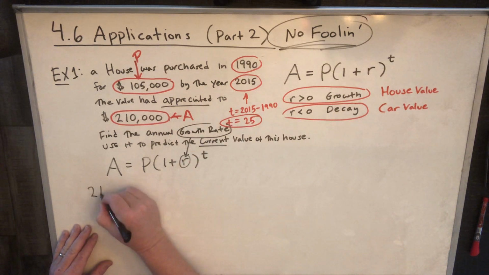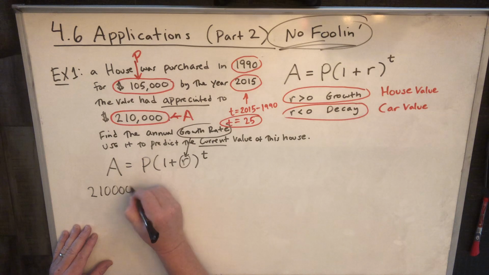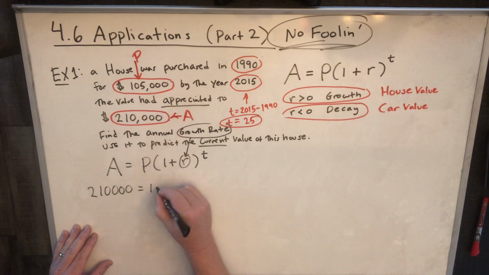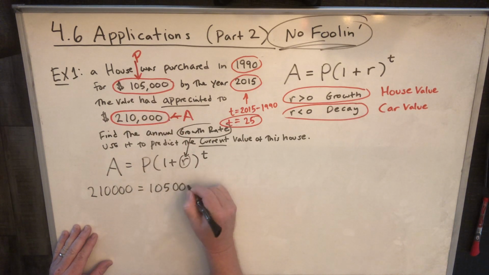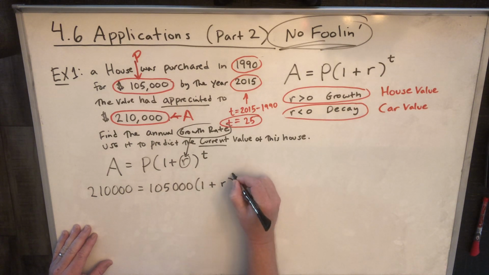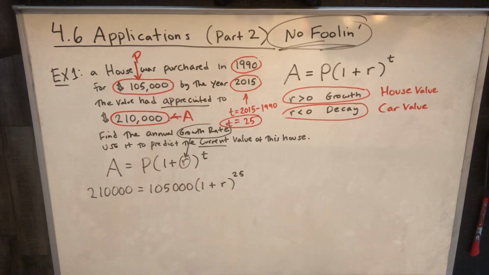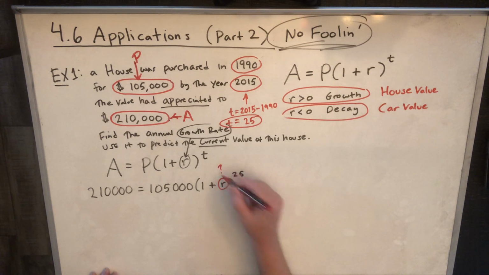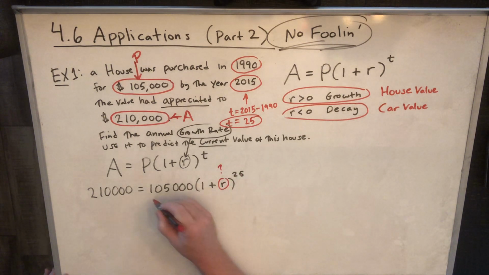So 210,000 equals 105,000 times 1 plus r to the 25th power. Our goal is to solve for R. So we're going to divide both sides by 105,000.